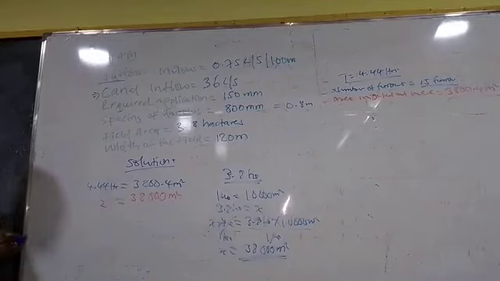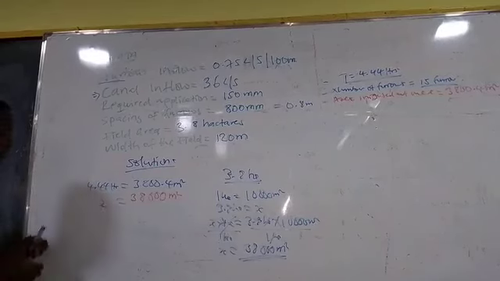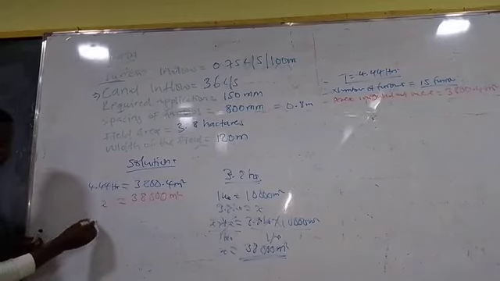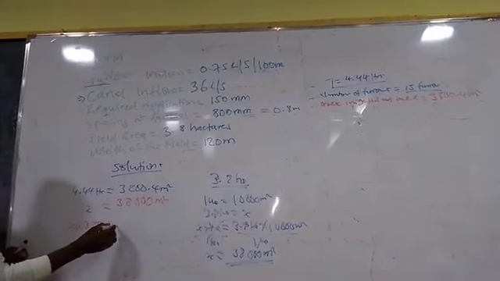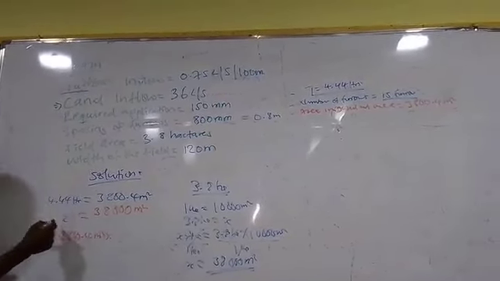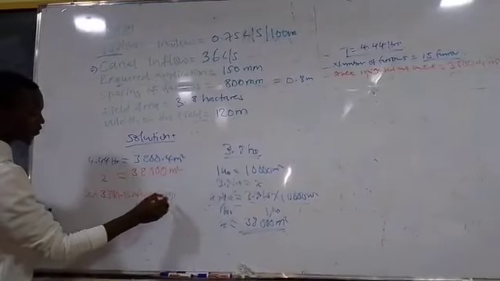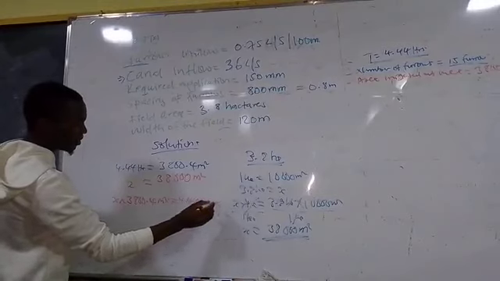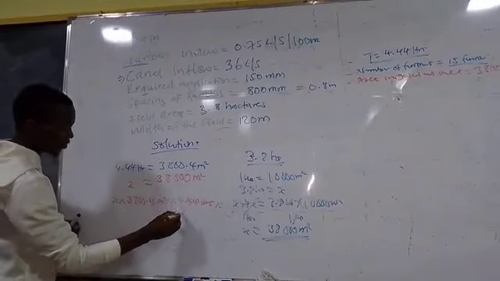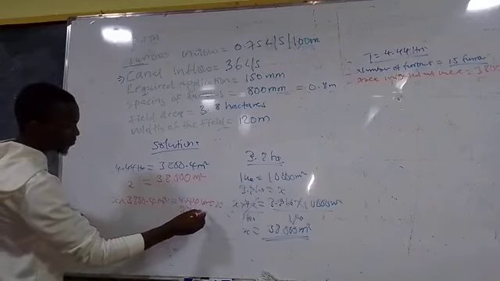We proceed, right? Let's find how many hours. So it will be this times this times that, right? Let's do the calculations so that we proceed. This meter square times, or this equal to 4.44, which is in hours, times 38,000 meters squared.